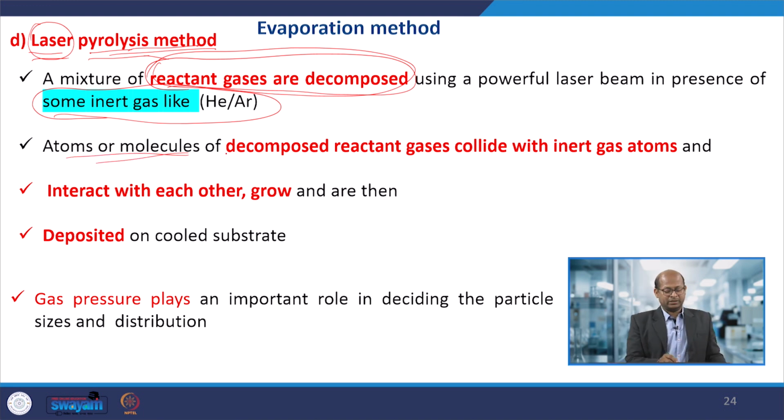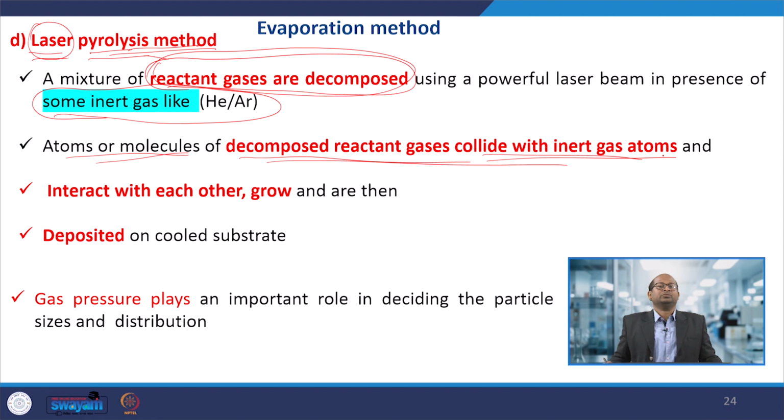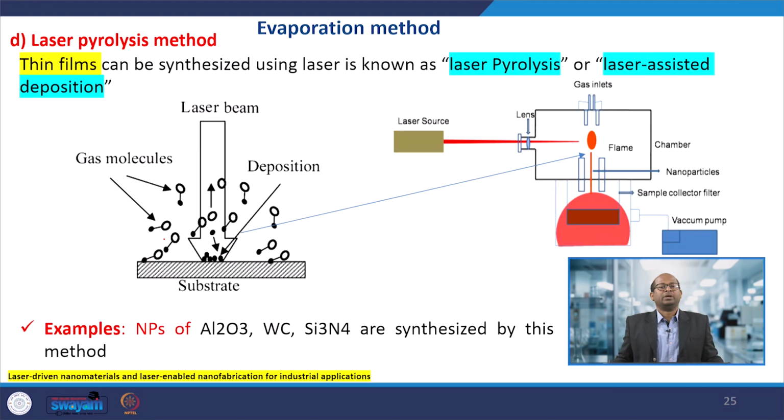First, the reactant gas molecules are decomposed and collide with the inert gas atoms. So we use reactant gas plus some inert gas; the reactant gas decomposes and collides with the inert gas atoms, and they interact with each other, grow, and then deposit on the cold surface. Here also gas pressure is very important.